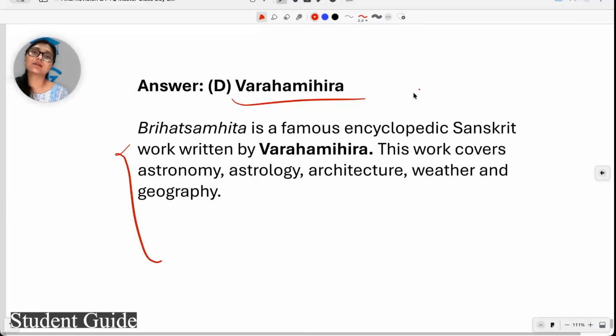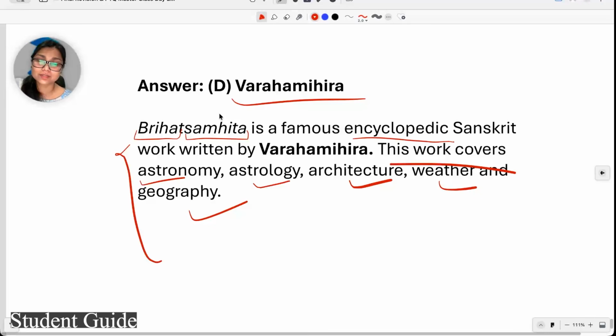Varahamihira is a famous encyclopedic Sanskrit writer, who has written this Brihat Samhita. It's a huge work. This work covers a lot of subfields, basically astronomy, astrology, architecture, weather, geography. So you can see, philosophers of the previous age were prominent in all fields.